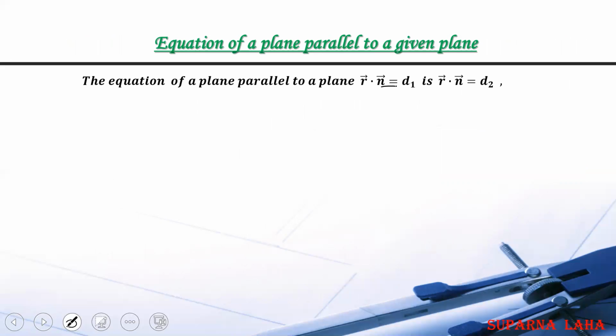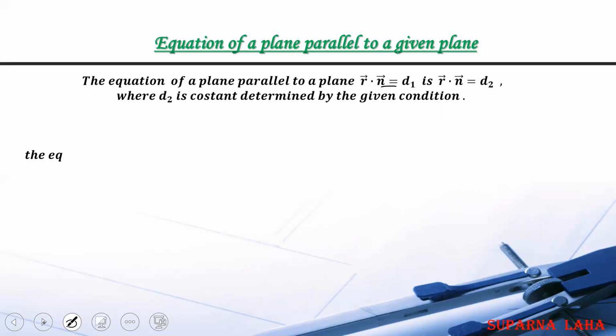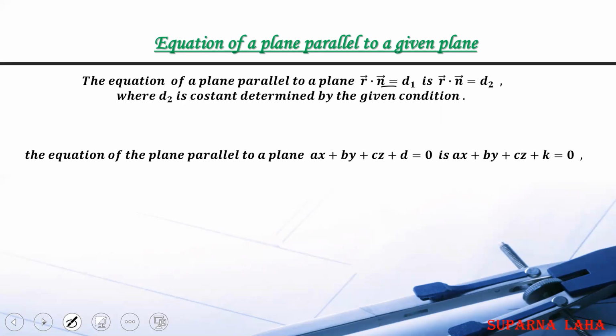Then its parallel plane can be represented as vector r dot product with n equals d2, where d2 is any arbitrary constant, which can be found by the given condition. The Cartesian form of this equation can be written as ax plus by plus cz plus k equals 0, where k is any arbitrary constant, determined by the given condition.